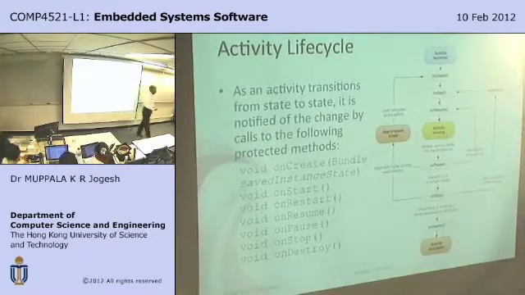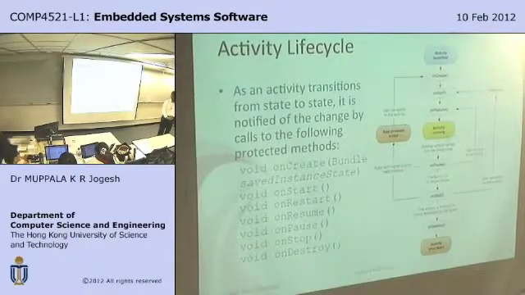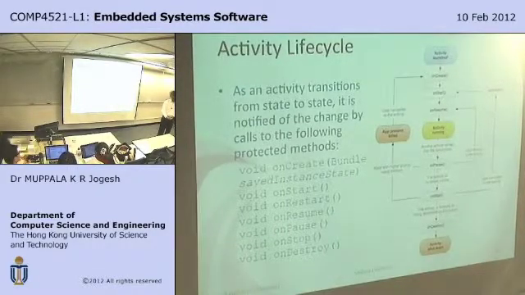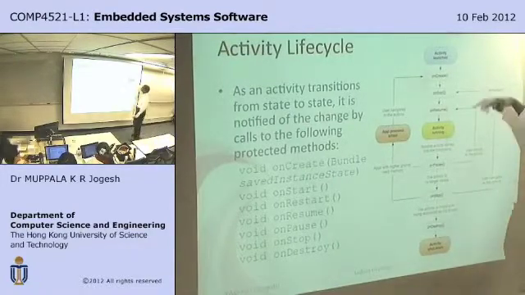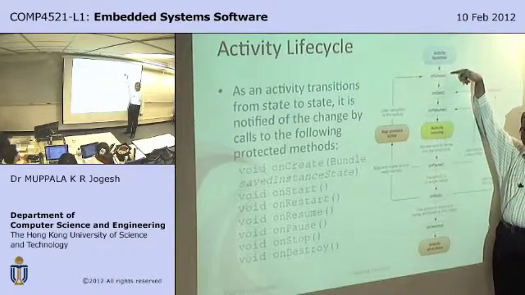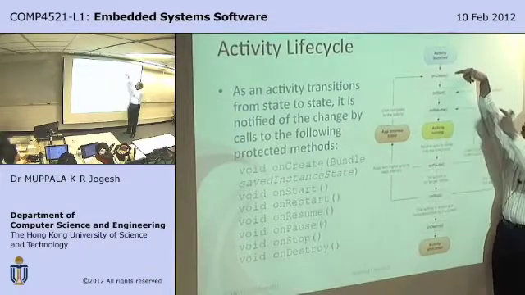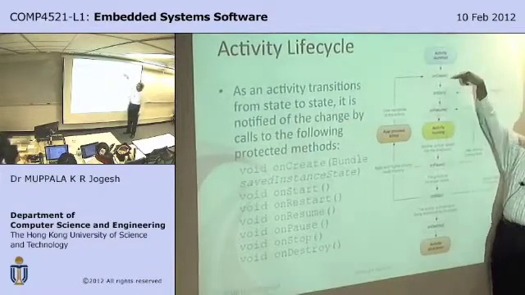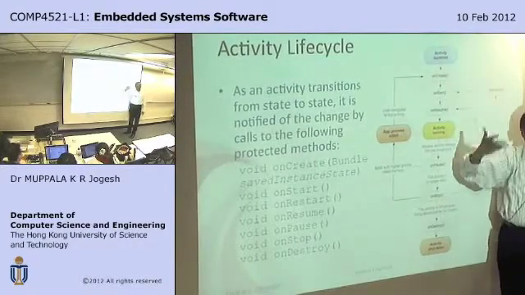Now what happens is that when you first start the activity, the Android framework will first call this method in your activity declaration. Okay? It will first issue a call to this method. And inside this method, called the onCreate method, you need to do some setup for your activity.